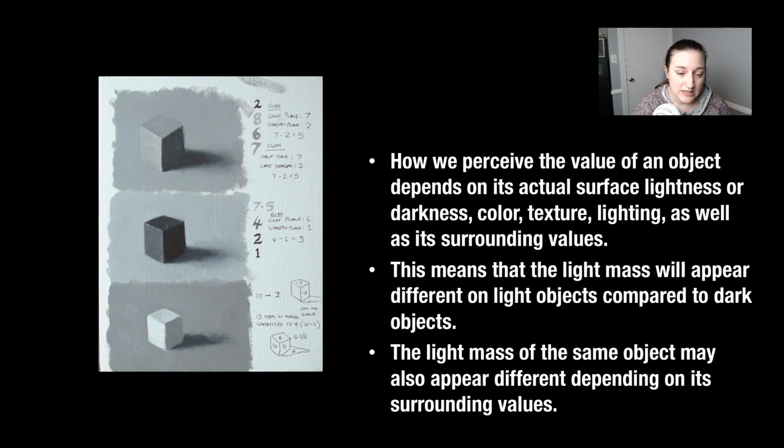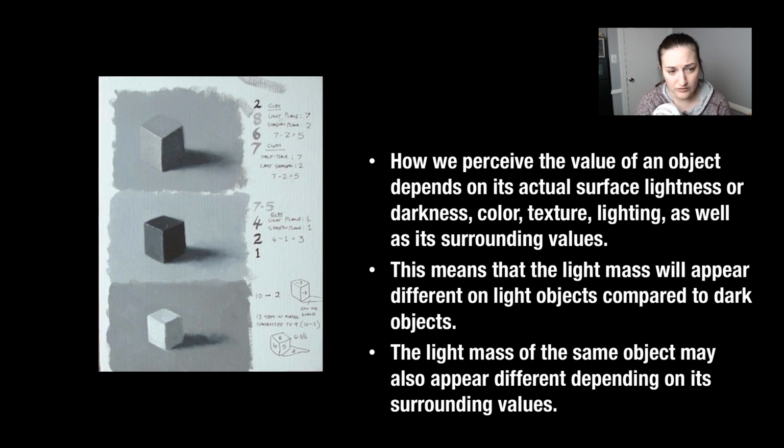But then the way we interpret the value on the figure also is dependent on the surrounding objects. This means that the light mass will appear different on light objects compared to dark objects. The light mass of the same object may also appear different depending on its surrounding values.